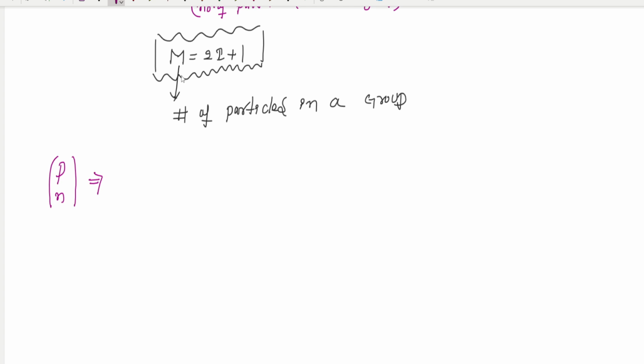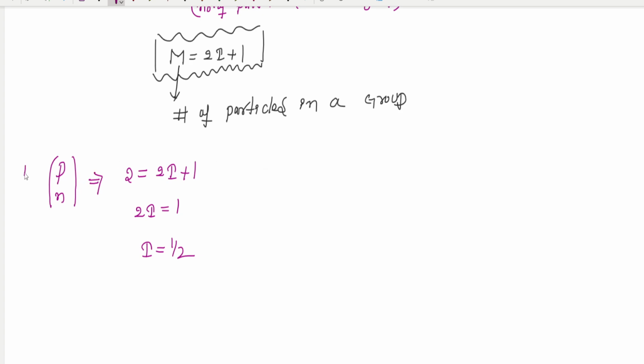I'm going to use this formula: two particles equal to 2I plus 1. Then 2I equal to 1, I equal to 1 divided by 2. So the proton isospin number is 1 divided by 2, and the neutron isospin number is also 1 by 2.